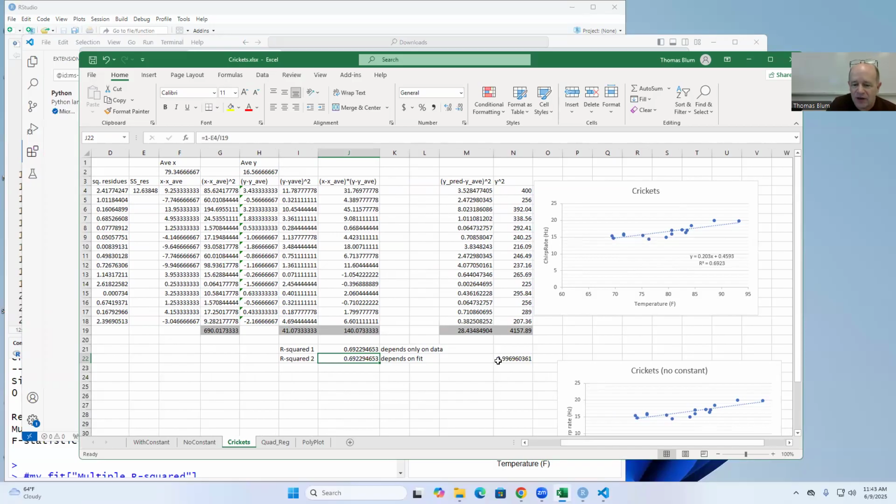Whereas over here, the one that matches up with the constant is the y minus y average just replaced by y squared. And that's the change in the formula, that's the difference.